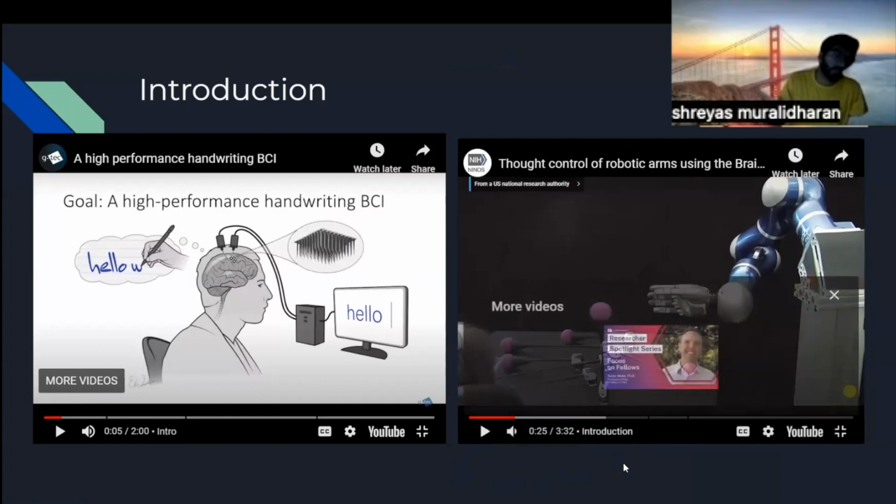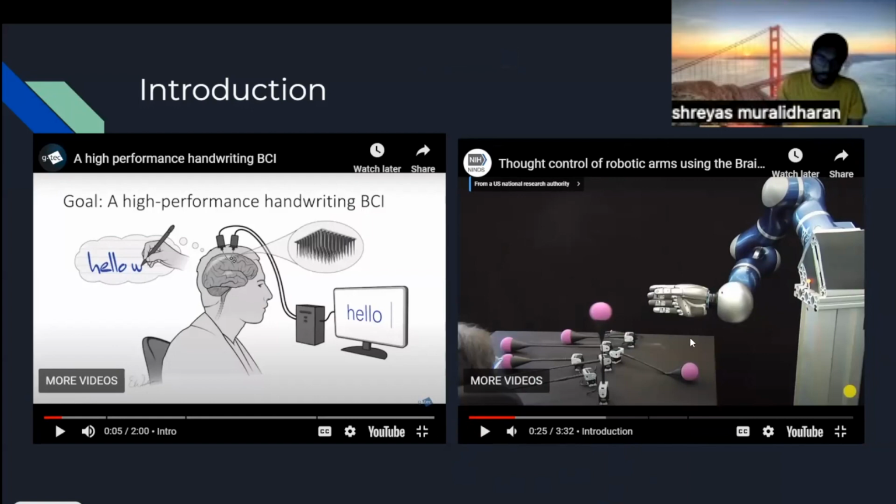So here, very similarly, we use the brain data taken from these recordings, and we use it to control a robot arm. The overall theme that we're trying to address is that people who are paralyzed can't move their limbs, and thus we record from the brain and use the information that we get from the brain recording to interface with the outside world in some way, because these people have lost that functionality.